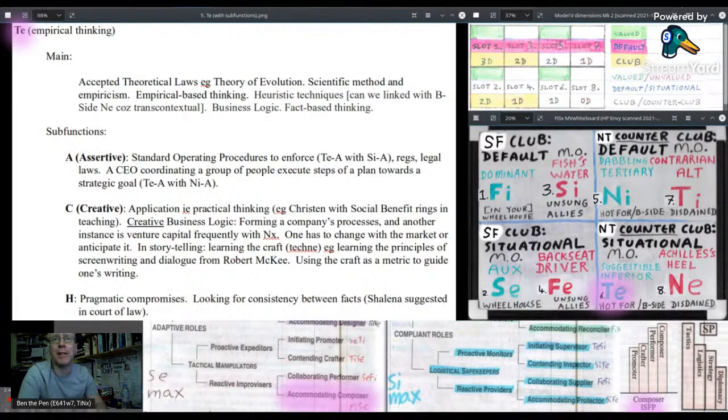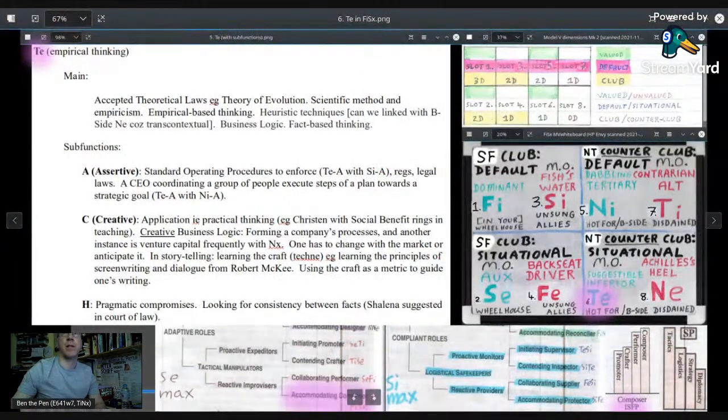Yeah, I added to the TE. I have a new slide for TE, because I had some more input from Kristen, a creative ESTJ, creative subtype. She is creative in the way she uses TE. I need to go to the VIT folder for integrated typology, functions, single functions, TE.